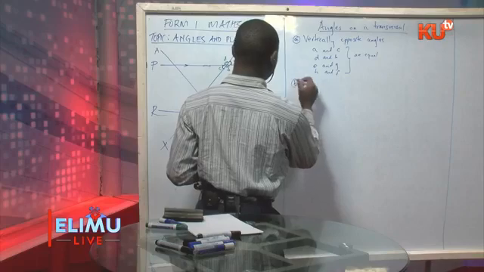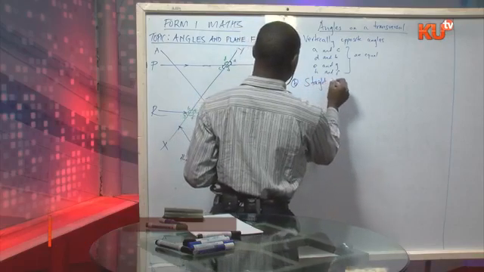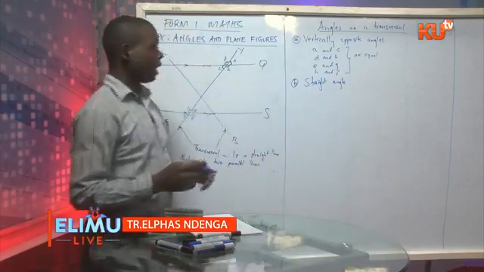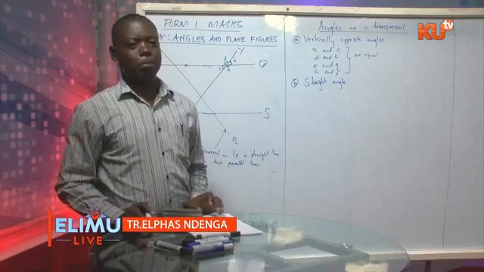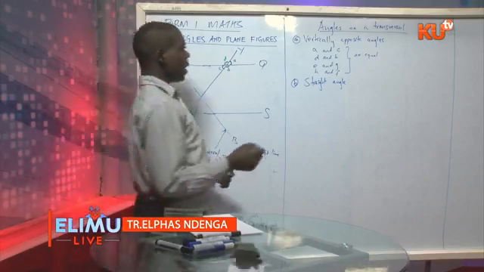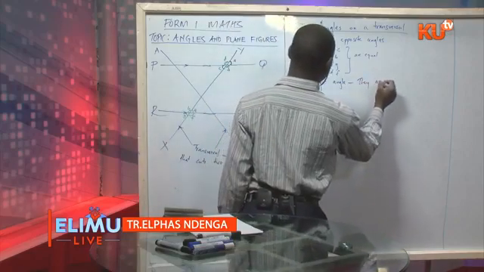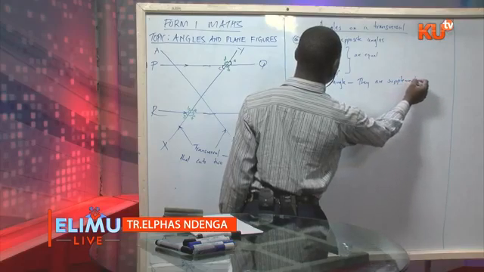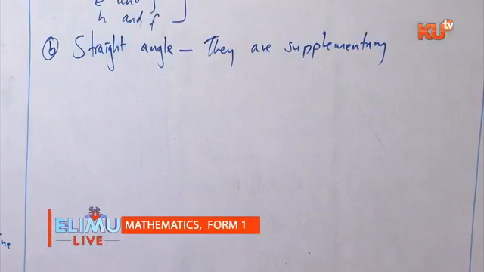Number 2, we will discuss what we call straight angles. Straight angles are angles that are on the same straight line. And these angles always add up to 180 degrees. Or in other words, they are supplementary. Straight angles are always supplementary, meaning they add up to 180 degrees.